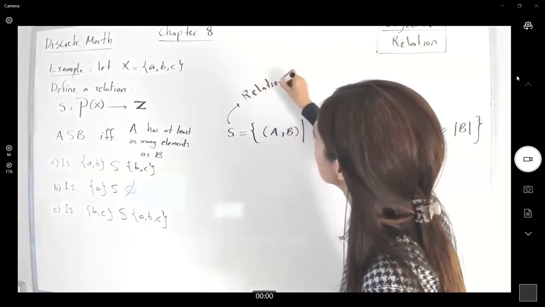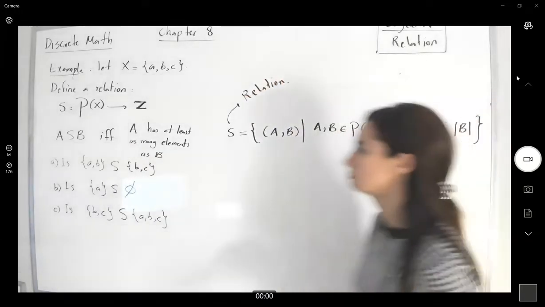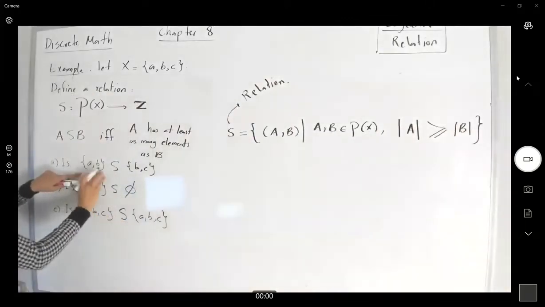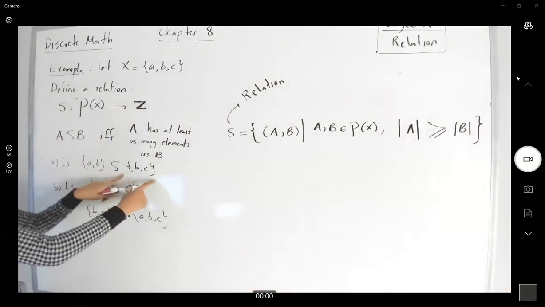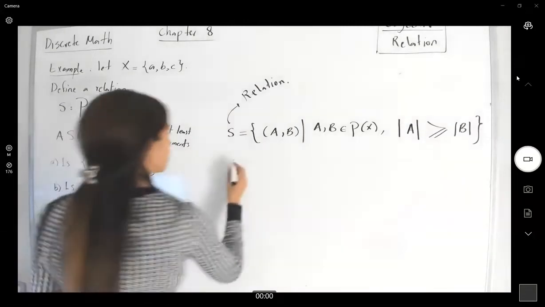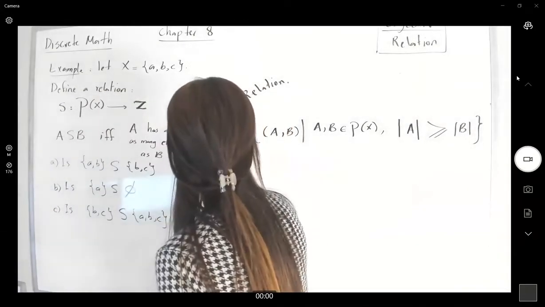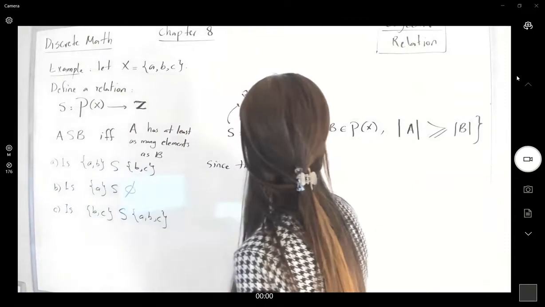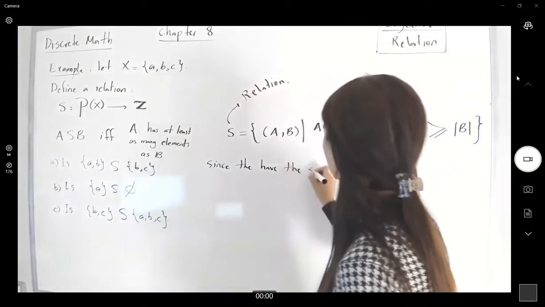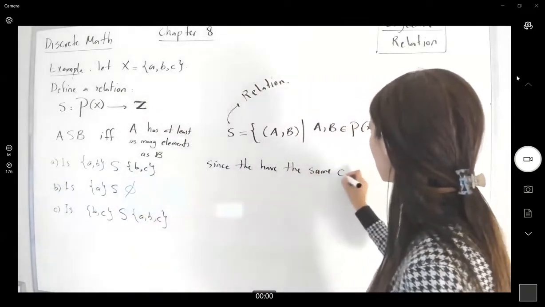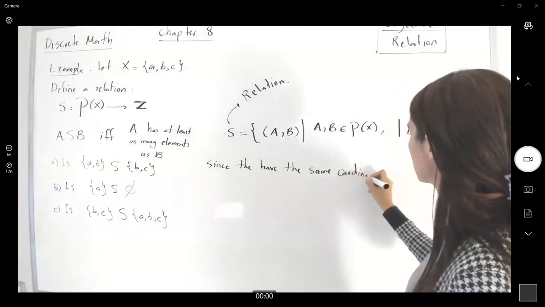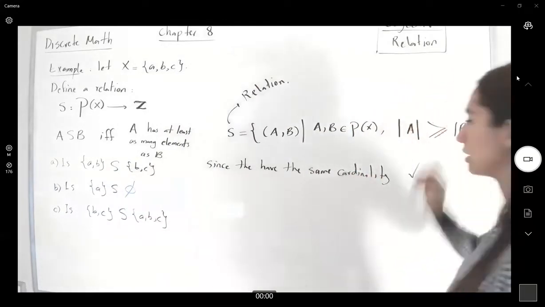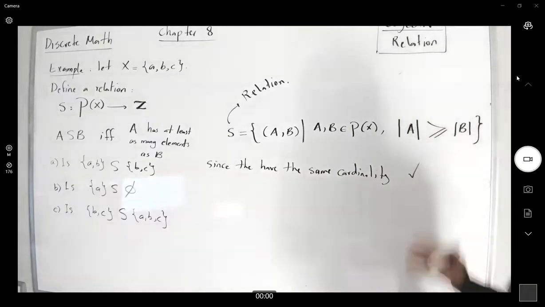Okay. So let's take a look at A. The cardinality of this set is 2. The cardinality of this set is 2 as well, since they have the same cardinality. It is true. Okay.